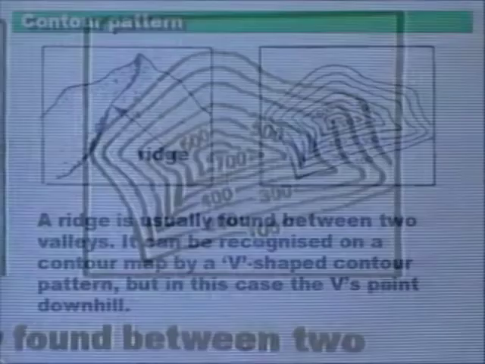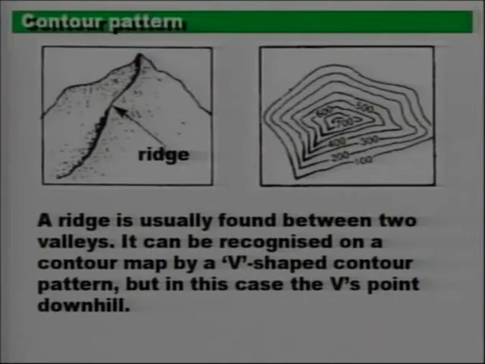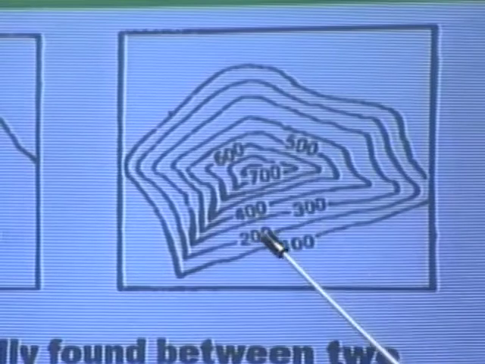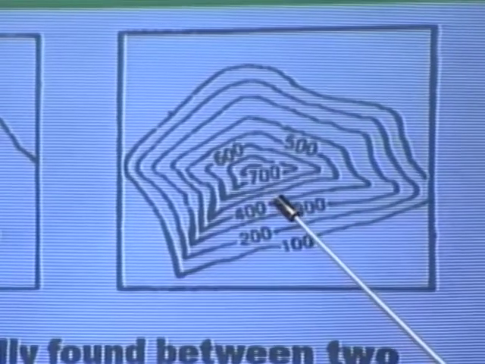So for a ridge, we look for the V shape, checking to see that the V shapes are pointing downhill. How do we know that the V is pointing downhill? We simply look at the value of the contour line. Here it's 100, 200, 300, 400, 500, up to 700.